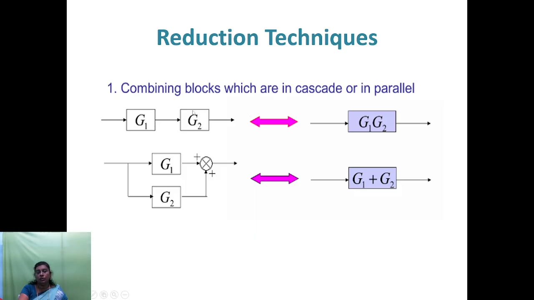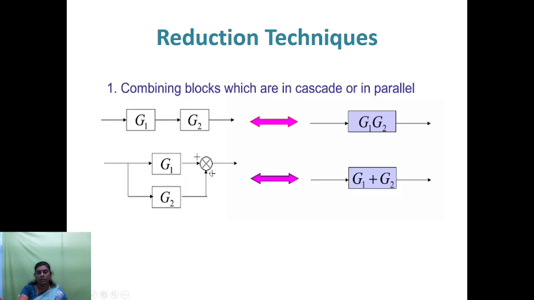If you want to reduce the blocks which are in series, we have to multiply the gains inside the blocks. Finally we are converting these two blocks into a single block with a gain of G1 times G2. So if two blocks are in series, we have to multiply the gains present inside the blocks.